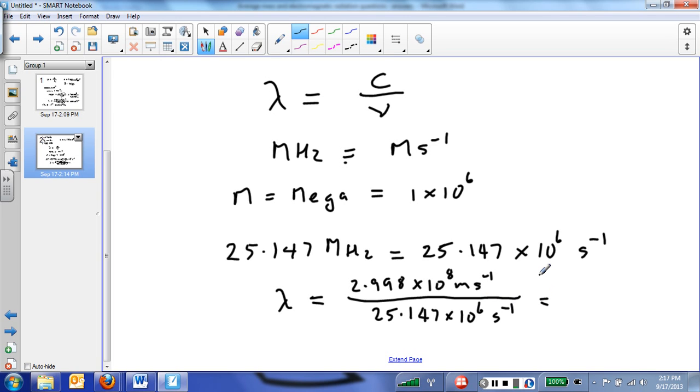And we get 11.9 meters, because the per seconds part will cancel.